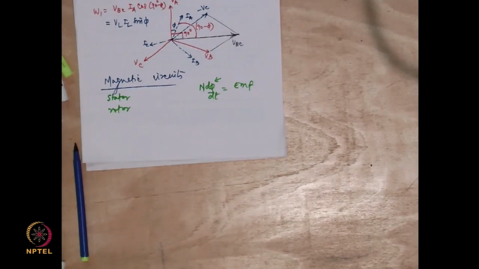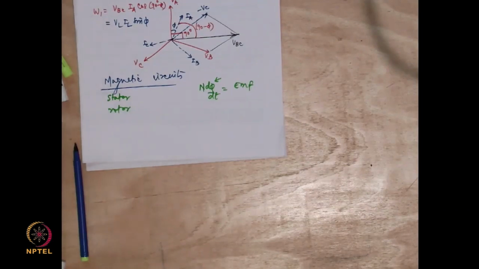Whereas in a rotating machine, invariably, what I am going to do is to probably have a constant value of magnetism, and then I am going to move a conductor, or I am going to have a conductor which is stationary and then move a magnetic pole continuously, rotate it.